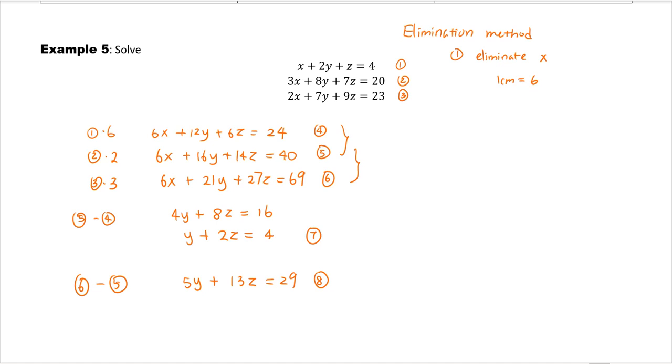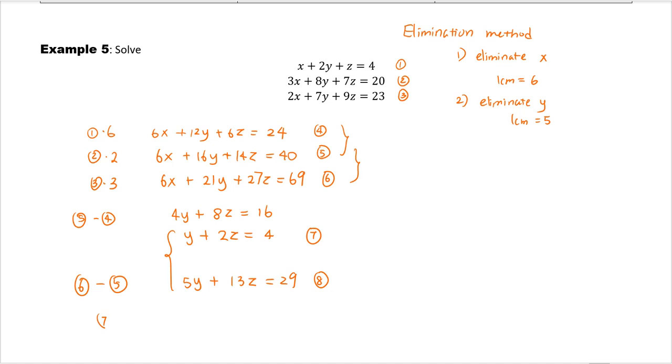Now we get the 2 equations with 2 unknowns. So which one should we eliminate? Well, it's better to eliminate the y, right? The coefficients of y are easier to work with. So next we want to eliminate the y, and the LCM is 5.